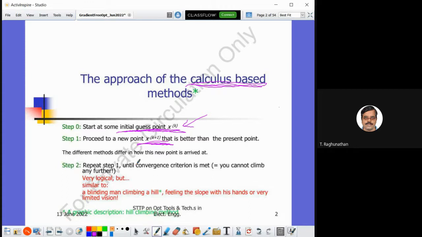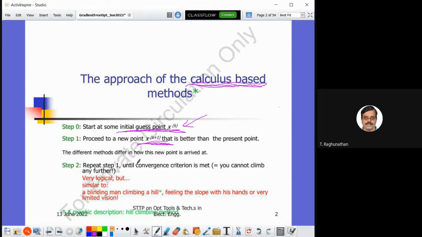The default case is minimization, so the function value f of x1 must be lower than the function value at x0.